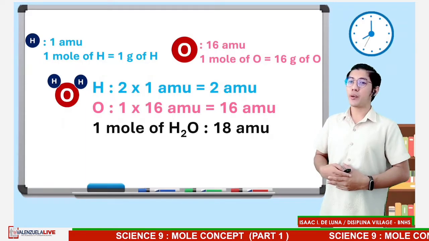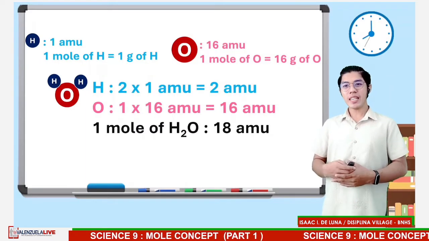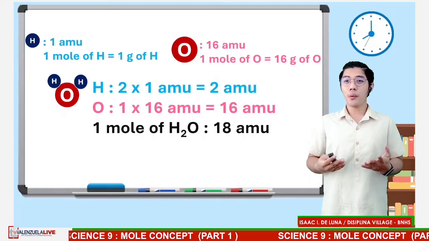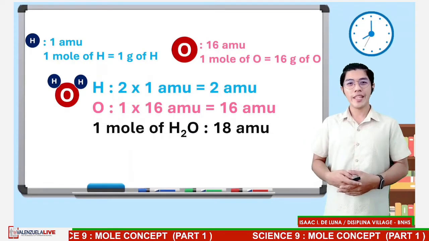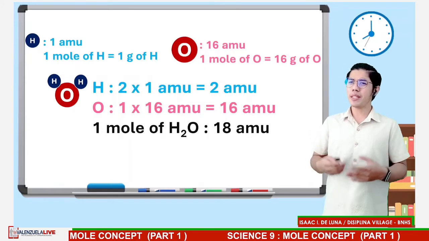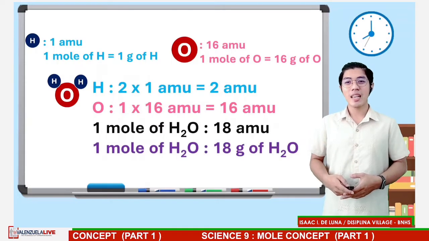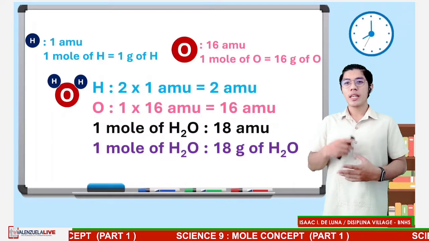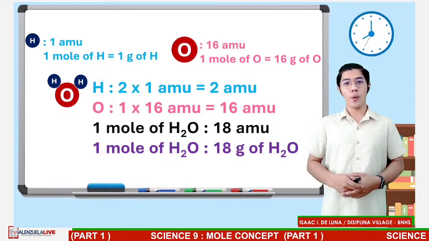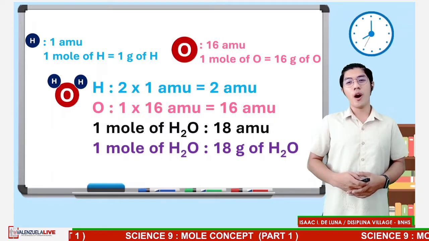Adding these together will give us 18 AMU for 1 molecule of H2O, and this can be converted to molar mass, equivalent to 18 grams of H2O for 1 mole of H2O.